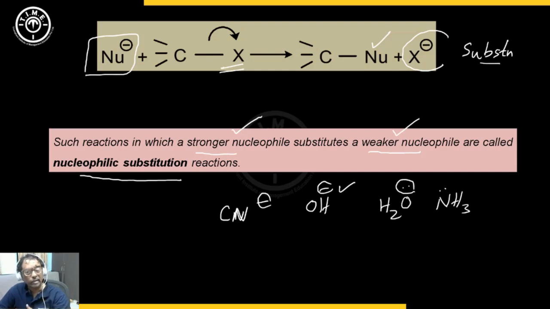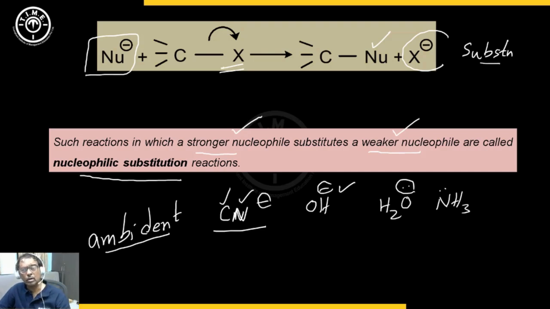Clear? There are some nucleophiles where the donating atom, or the donor atom, is different. Such nucleophiles are called ambident nucleophiles. Ambi means variable. So ambident nucleophiles are those where the donor atoms could be different. For example, CN minus can have a carbon attacking or a nitrogen attacking.